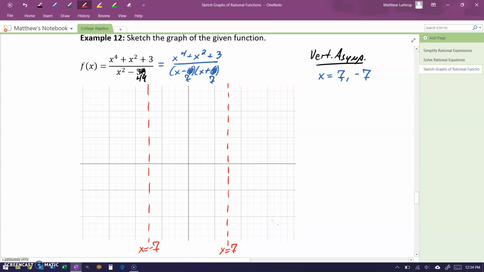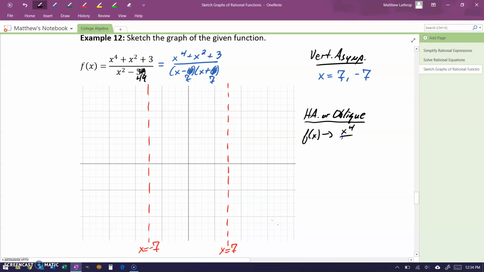To start giving some structure to what our graph will look like. Next, we can move on to talking about horizontal and oblique asymptotes. Again, what we're going to consider is our function approaching the dominant term, or the leading term, in the numerator and denominator.